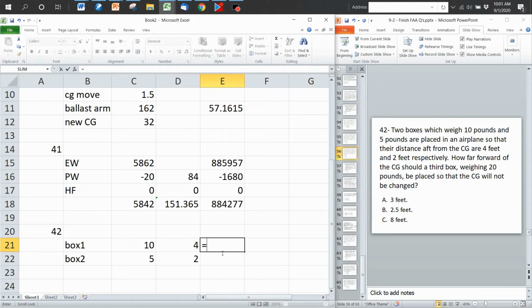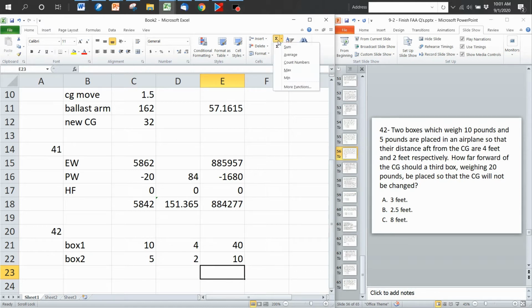Then we're going to multiply the 2 columns, same as we've done before. And what we're going to find is that when we put these onto our empty aircraft, they are going to cause a moment shift. The moment of these 2 boxes is 50 pounds.